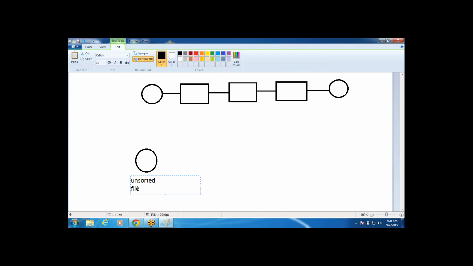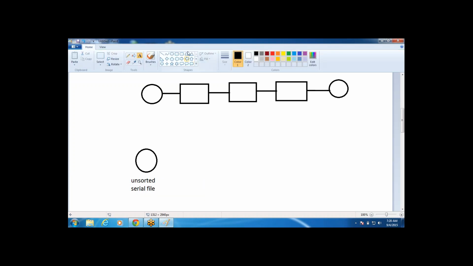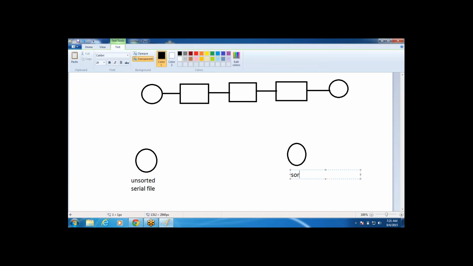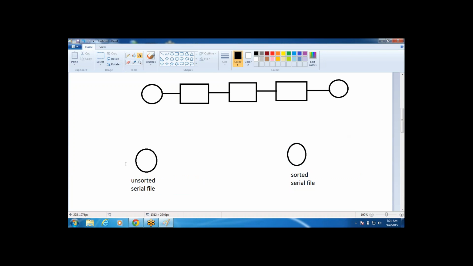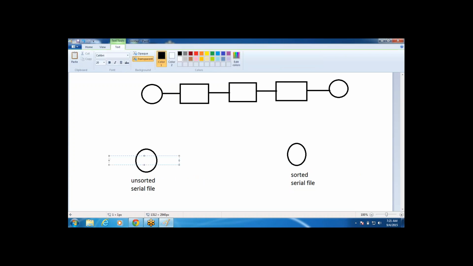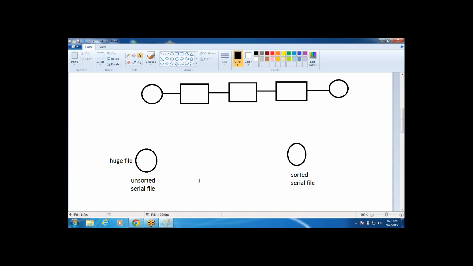I want the output as a sorted serial file, but this is a very huge file. So what components will you build to make this sorted file?